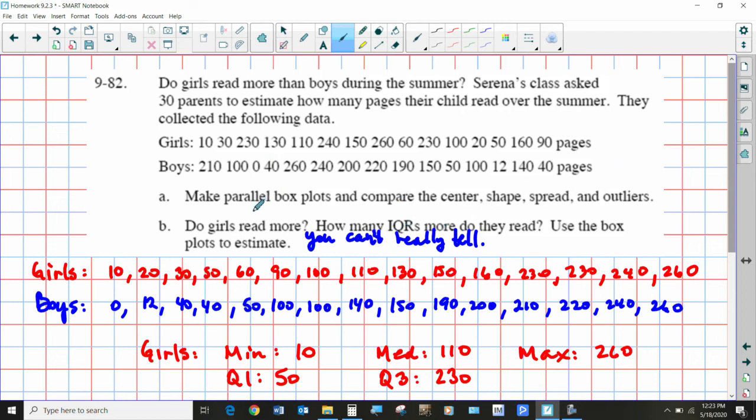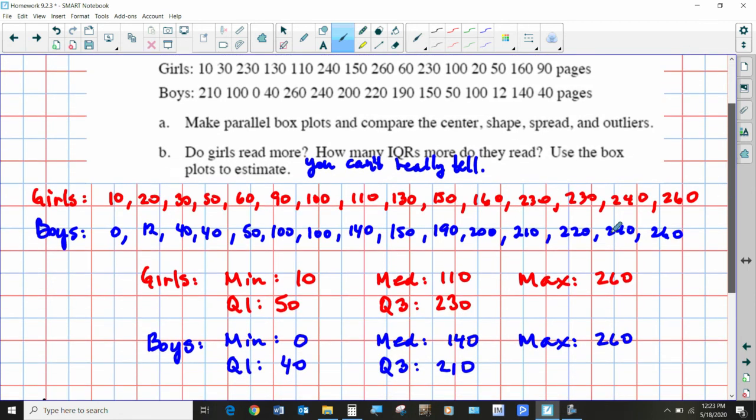This is where creating box plots and parallel box plots specifically can help us draw our conclusions. So you take each one of these sets of data, put them in order from least to greatest. Then you find the minimums and the maximums. Here they are. Then you find the medians.